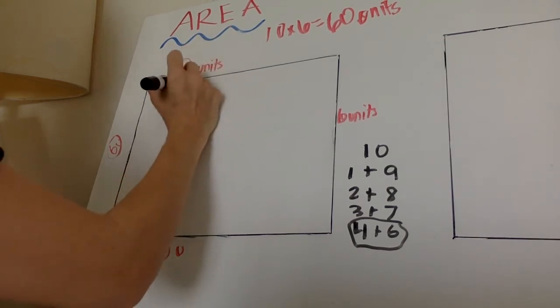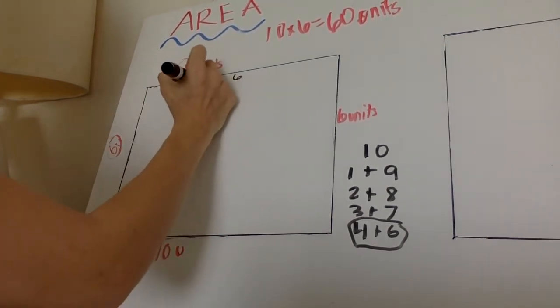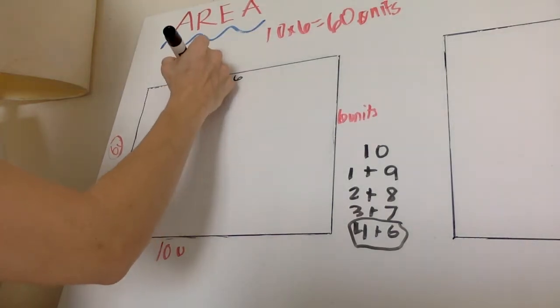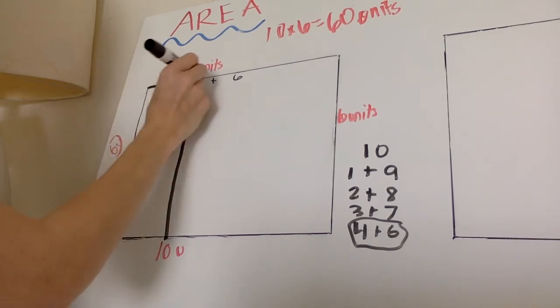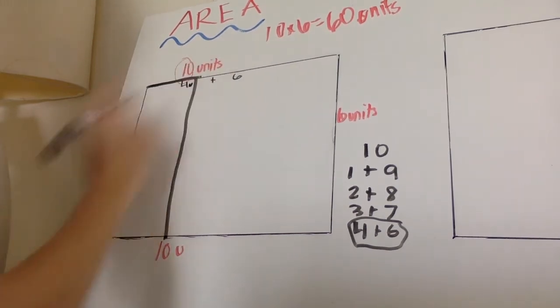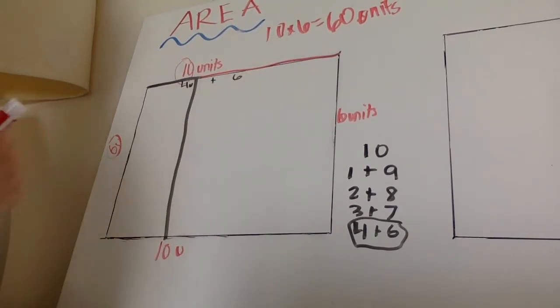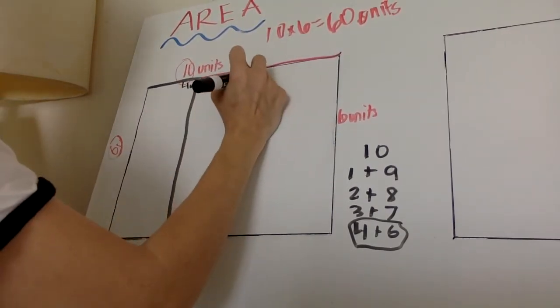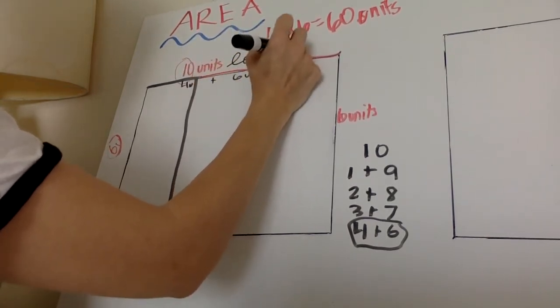Now, I know that 4 plus 6 equals 10. So I'm going to cut this rectangle right here. And this line is 4 units, and then this line is 6 units long. So right here, this is the length.